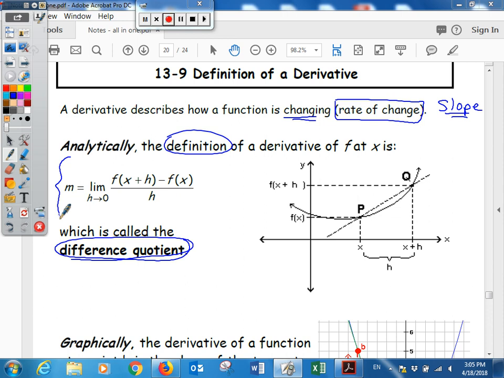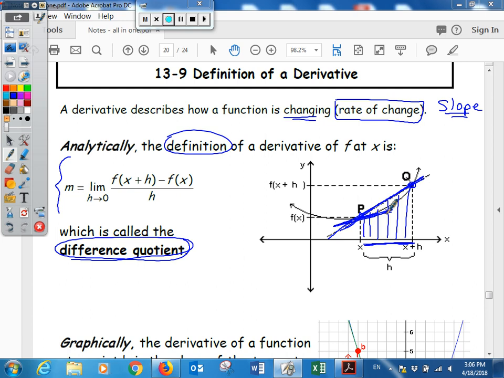If I'm trying to find the slope at a particular point, that's what a derivative is. But when you're estimating it, you start by finding the slope of a secant. And then you let the distance between the 2 points get smaller and smaller until eventually you're just looking at the slope of the tangent line.